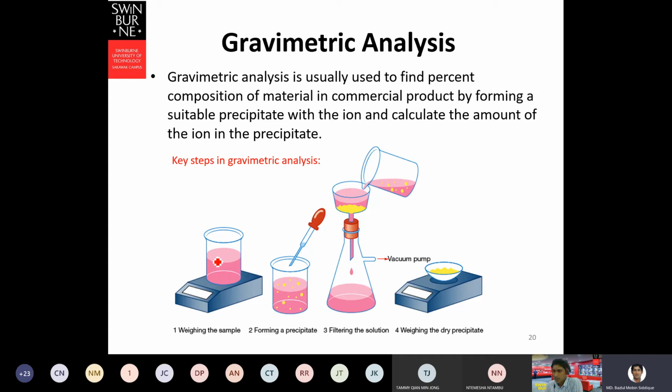When we do the precipitation, the precipitate should be a known precipitate. Otherwise, we do not know what the unknown precipitate is, and we will never be able to find out what happened there. So the important thing is we must know what the precipitate is formed of.